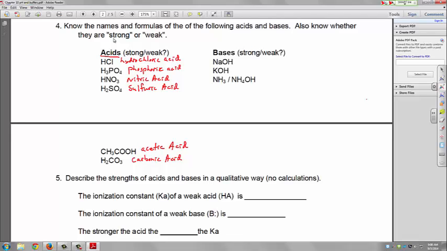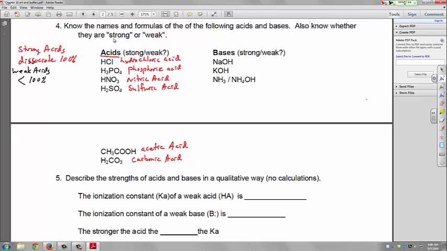What does strong mean? Well, strong acids dissociate 100%. And weak acids dissociate less than 100%.